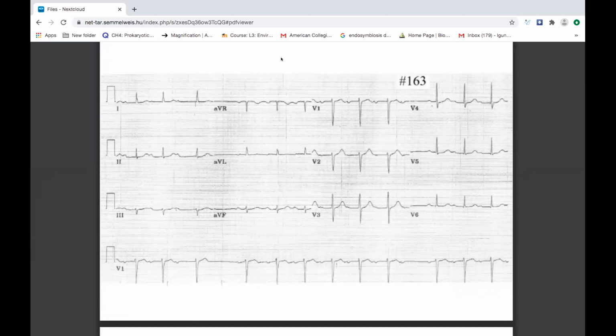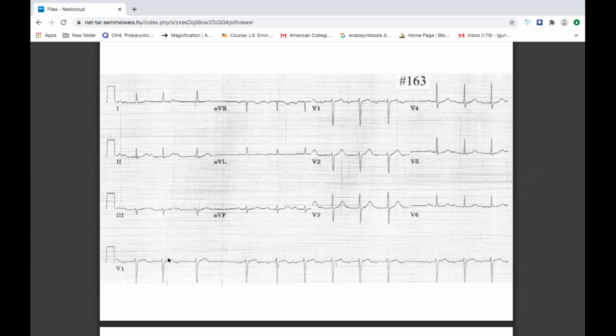So yeah, it's non-rhythmic because the RR intervals are not equal. I said normal axis. The PP intervals are relatively more similar. Except look at V1, at the bottom where you have the rhythm strip.